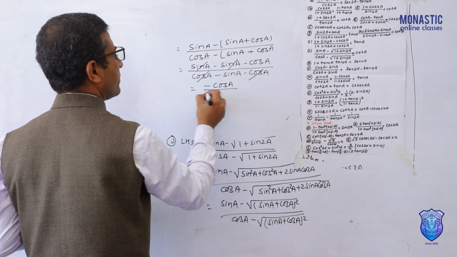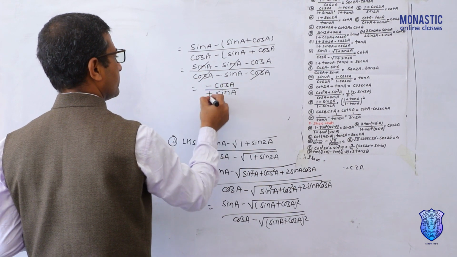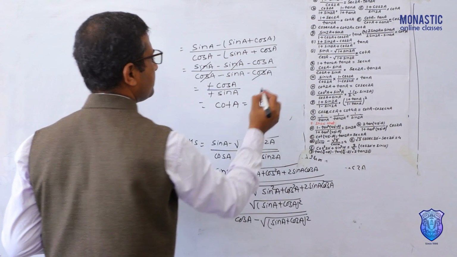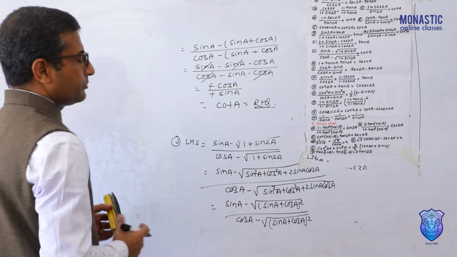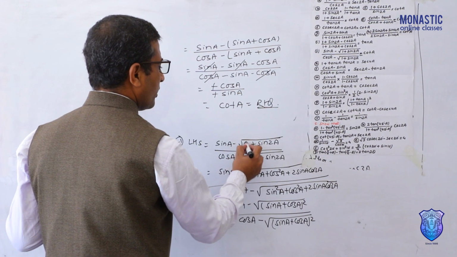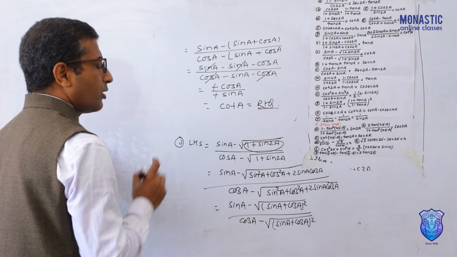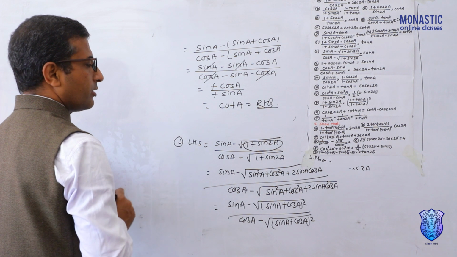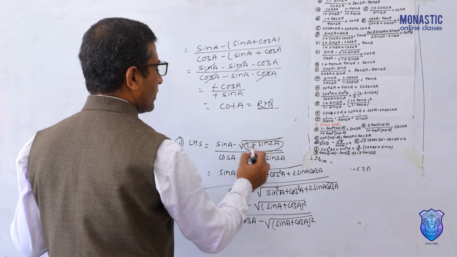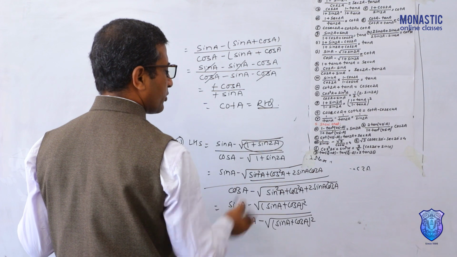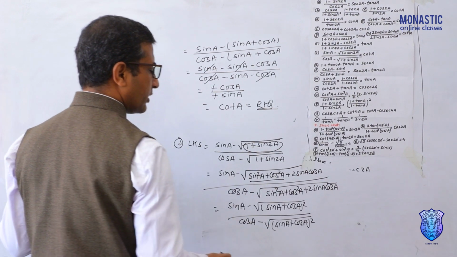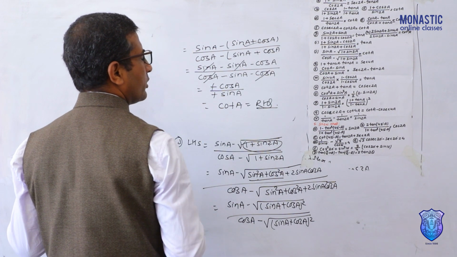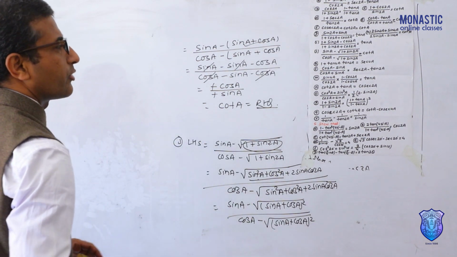Minus cos A by minus sin A. It came cot A. That's the proof completed. Again, look at this question. 1 plus sin 2A. We have learned how to prove this formula. 1 plus sin 2A formula is sin A plus cos A whole square. You can write in place of 1 sin square A plus cos square A, in place of sin 2A 2 sin A cos A. That's the formula of sin A plus cos A whole square. The square root is removed now. Then do the simplification. That's your result.